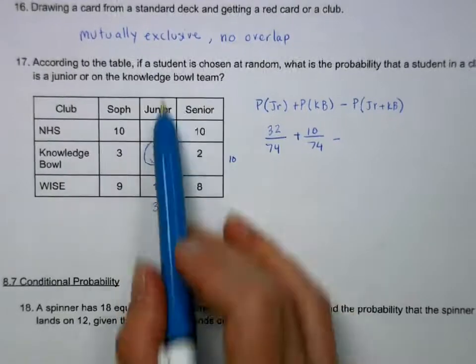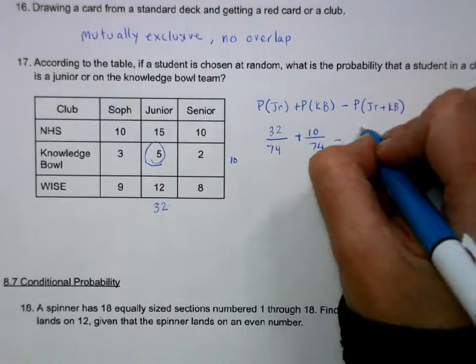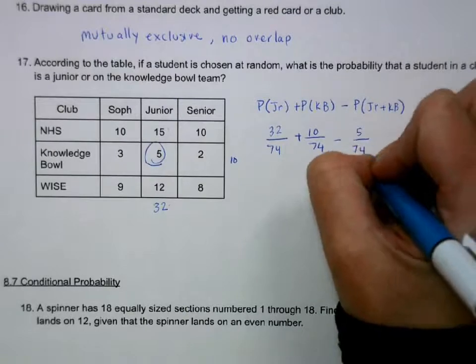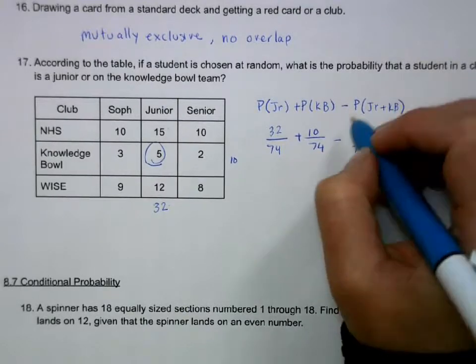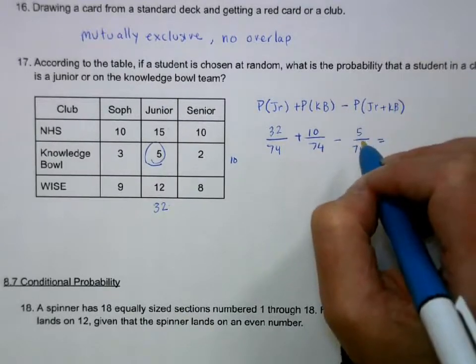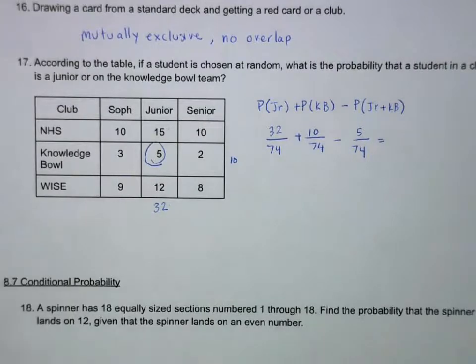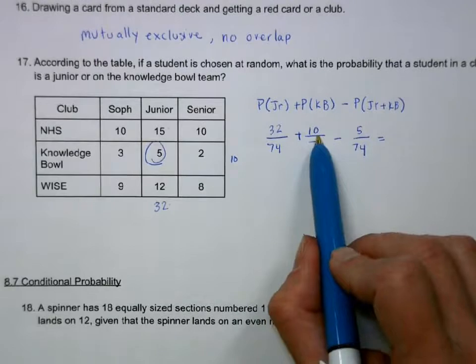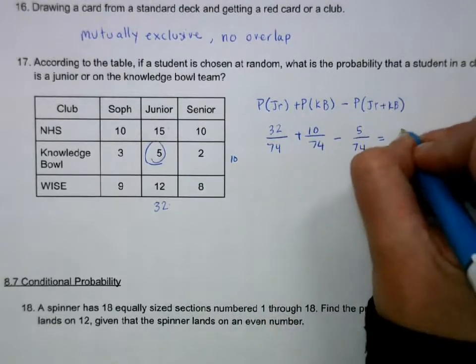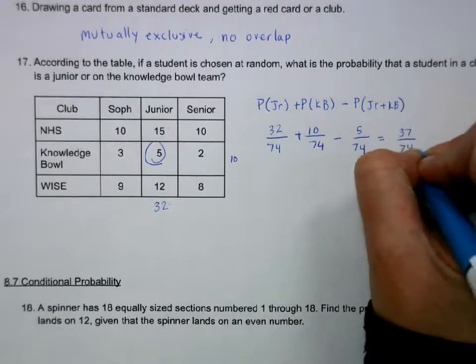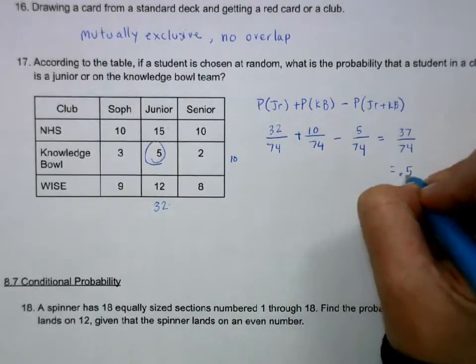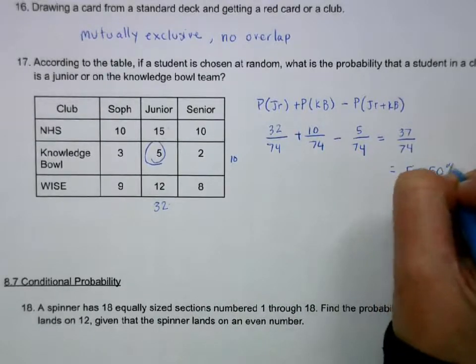So we're going to subtract out that overlap. So 32 plus 10 minus 5 is 37 out of 74. That is equal to 0.5 or a 50% chance you pick a junior or a Knowledge Bowl participant.